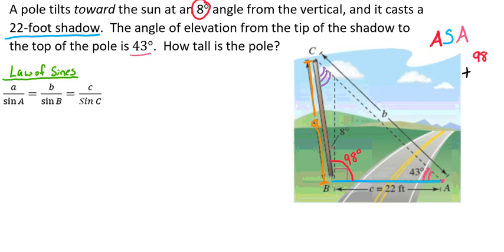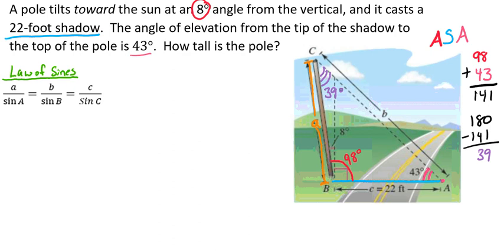So we add our 98 with our 43, which gives us 141, and then we subtract that from 180 to find our missing angle. When we subtract, we get 39. So this missing angle right here is 39 degrees.